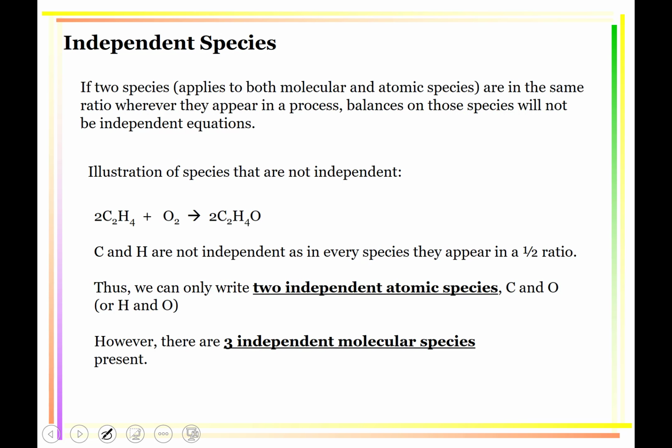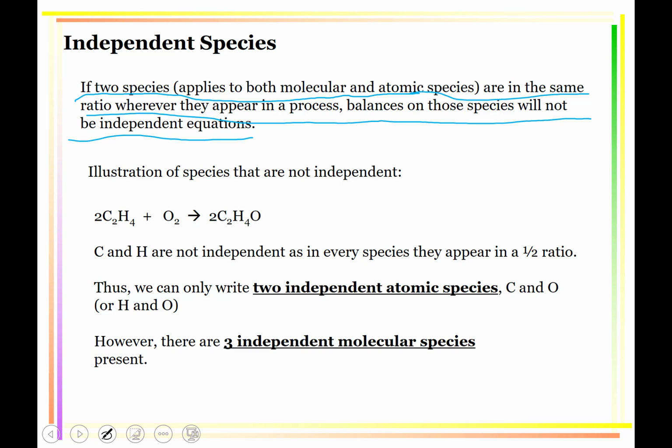So how does that apply to our chemical balances? If two species, and this applies both to molecular and atomic species, are in the same ratio wherever they appear in a process, balances on those species will not be independent equations. Here's an example.